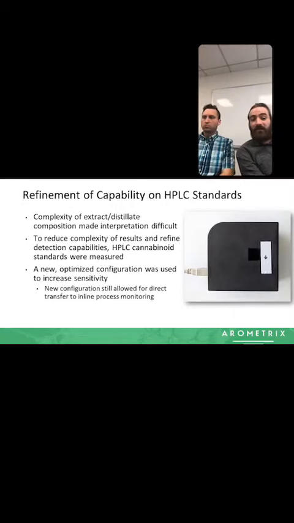So with that in mind, we knew the initial system, while it had cheap components and was very good for inline monitoring potentially, was not going to be sensitive enough to detect 0.1% cannabinoids, so we did a slight redesign of our system, as you can see on the right-hand side, and we ended up buying a suite of different types of HPLC standards.